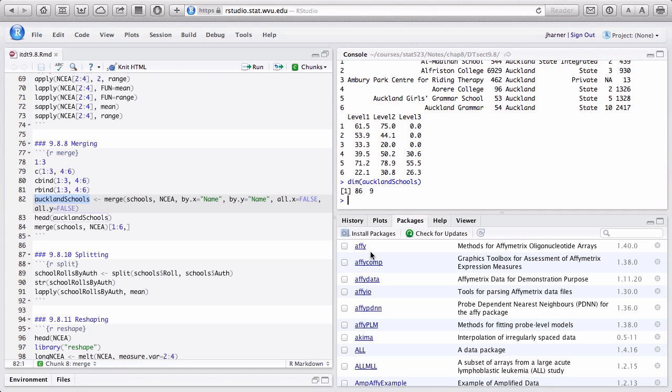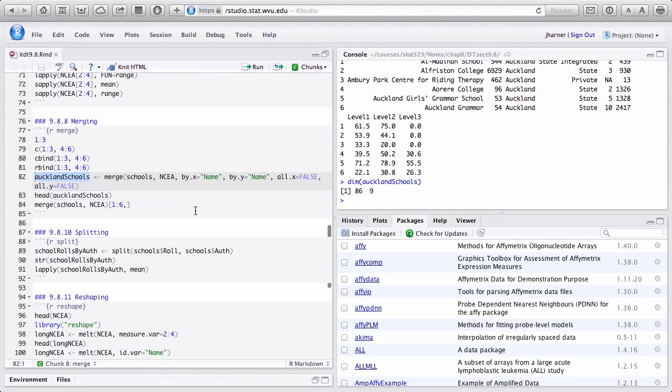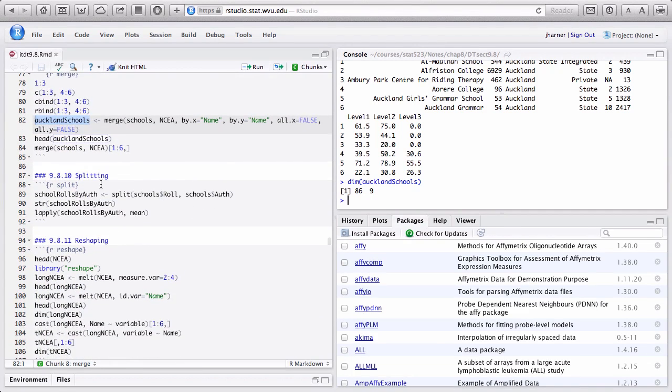Now you could merge it, and when I said all equals false, all.x equals false and all that, well, if I said true, it would be a much bigger matrix, but it would have a lot of blanks, missing data in it, because it would just be merging what you have. And in the case of one, I only have 86 observations. So you can play with those different options depending on how you want to merge it. So there's a lot that you can do with the merge, but it's a very useful thing to learn.